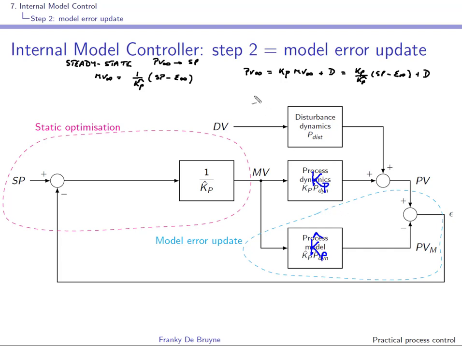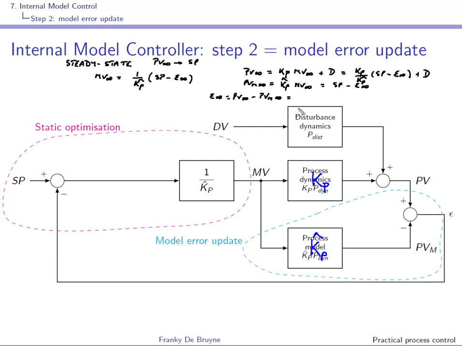For the output of the model in steady state, we'll have Kp hat times the MV in steady state. So this will simply be set point minus the model error in steady state, right? But the error in steady state is the PV in steady state minus the output of the model in steady state.